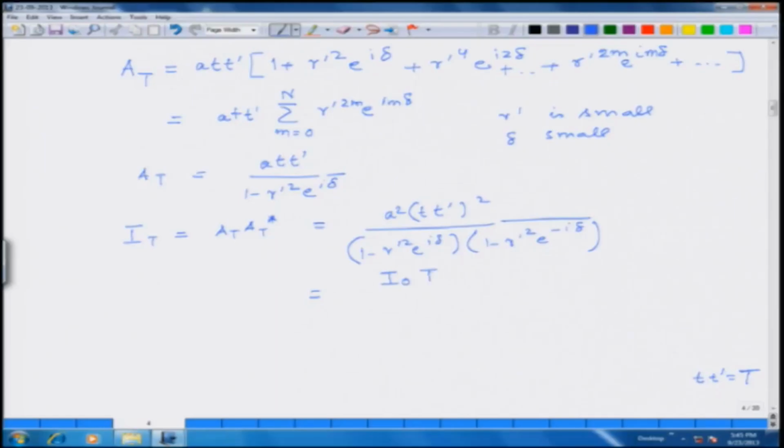So, we call it I naught T square, and in this symmetric interface we will see that the relationship holds true, and r prime square I am going to call capital R, and this is then going to be 1 minus 2 R cos delta plus R square.